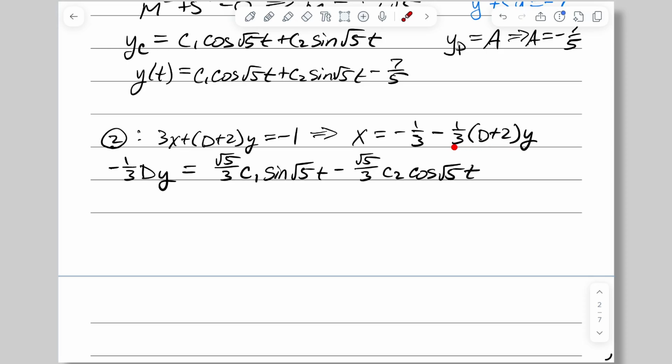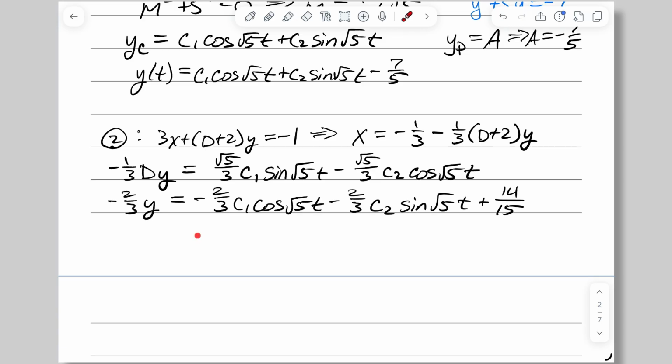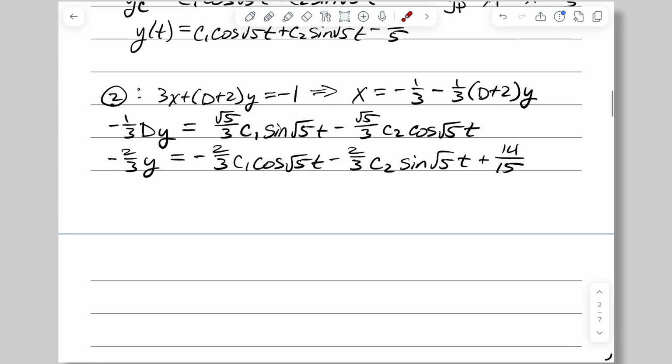If we then take -1/3 times 2 times y, you can confirm that we get -2/3 c1 cosine root 5t minus 2/3 c2 sine root 5t plus 14/15.